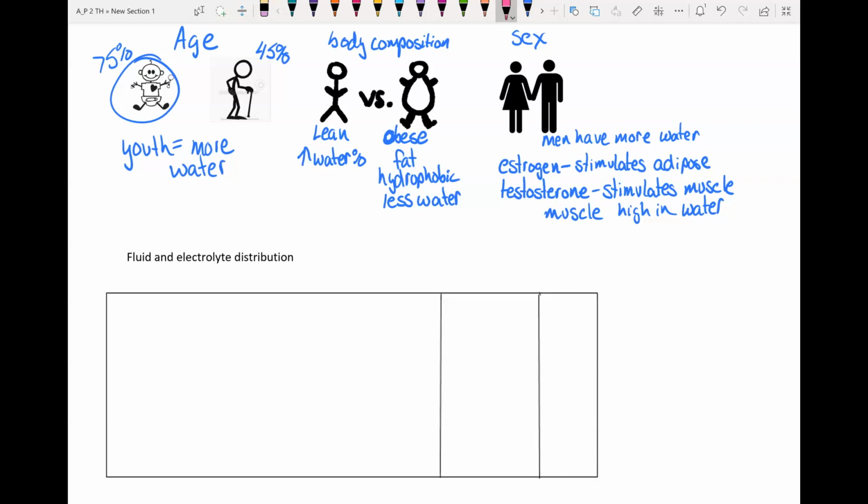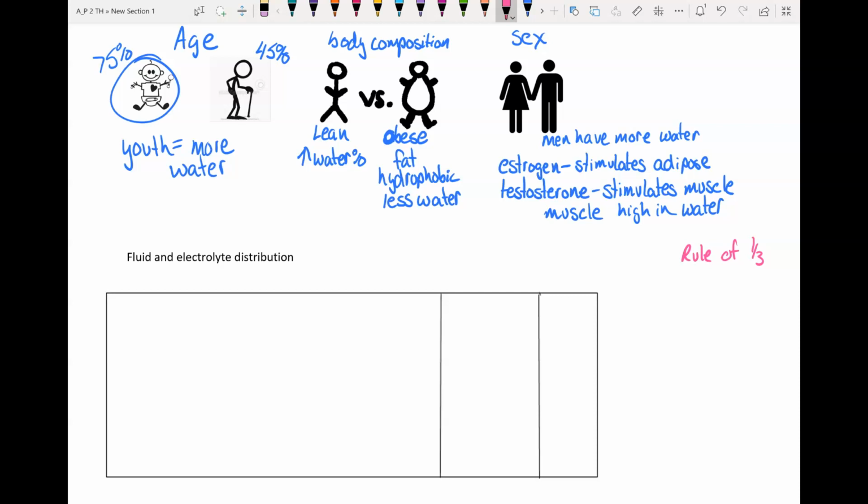So now we're going to look at how all this fluid, along with the electrolytes that are in it, is distributed throughout your body. So in the book, you read about the rule of thirds. So that summarizes the distribution of the water in your body. First, we're going to divide into two main categories.